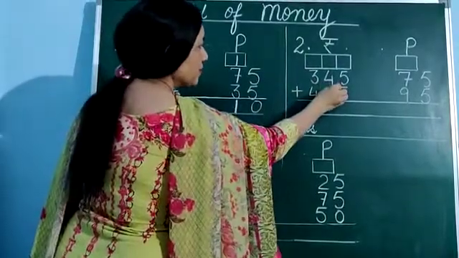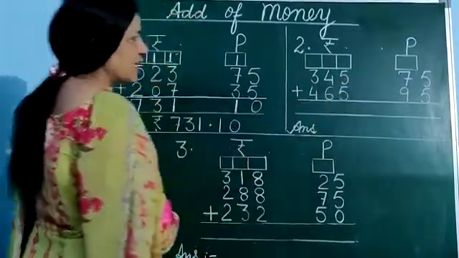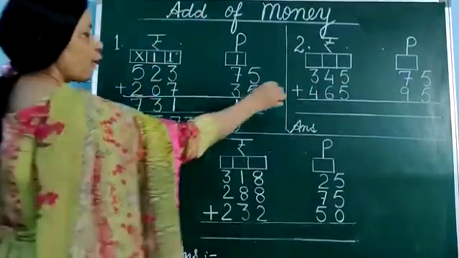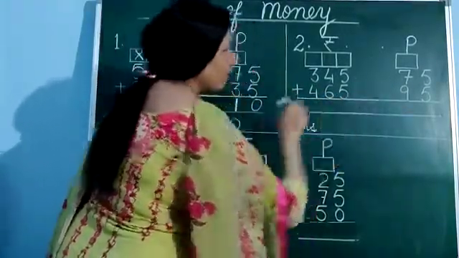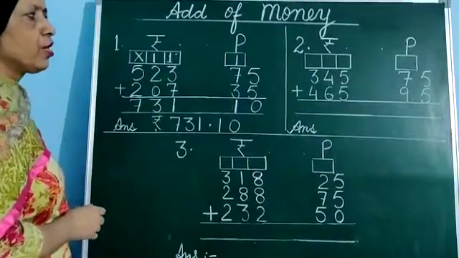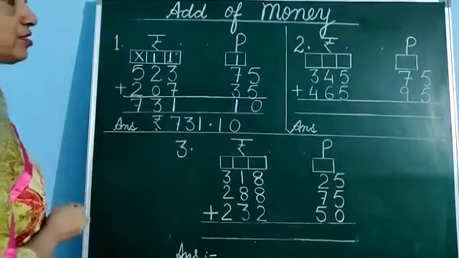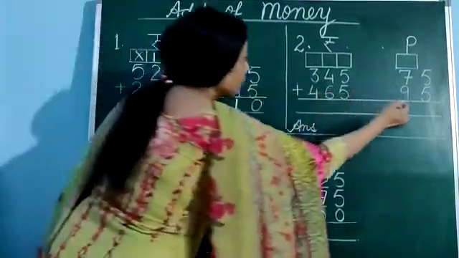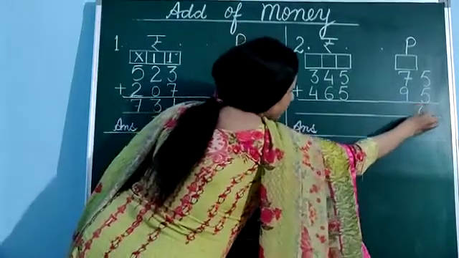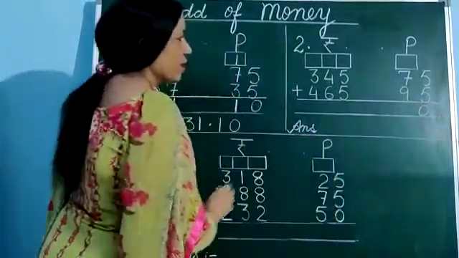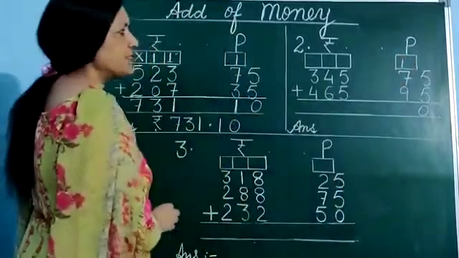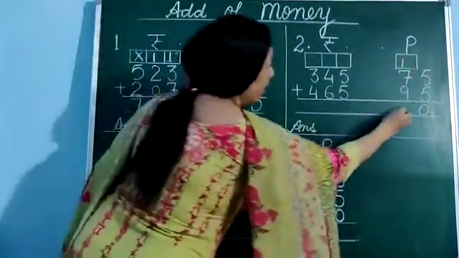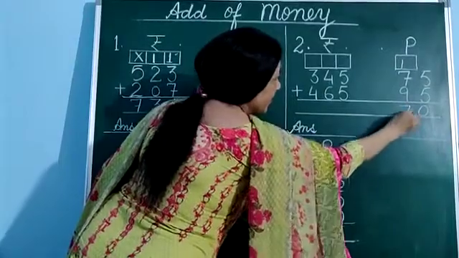345 rupees and 75 paise, 465 rupees, 95 paise. Now add these two numbers. 5 plus 5 is 10. 1 is carryover. 1 plus 7, 8. 8 plus 9, 17.